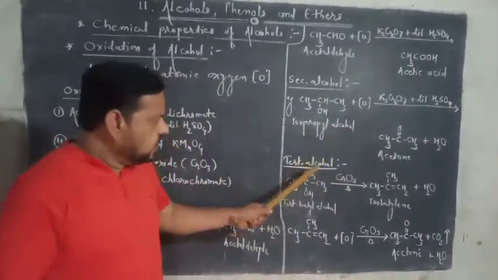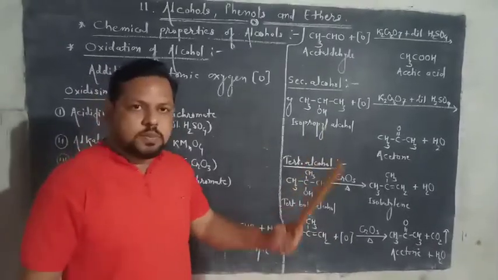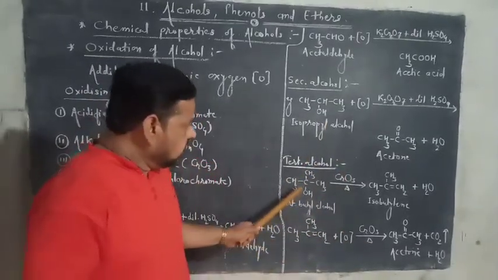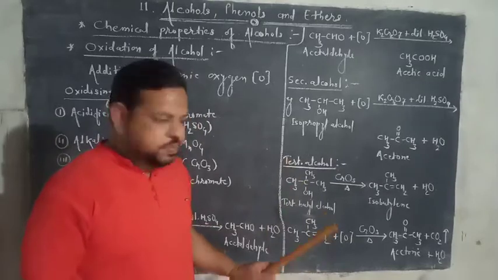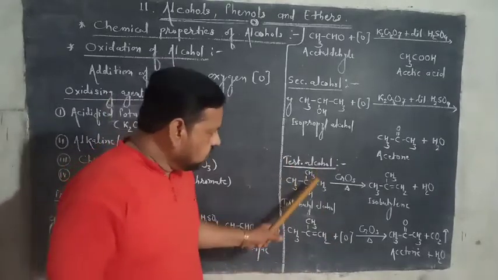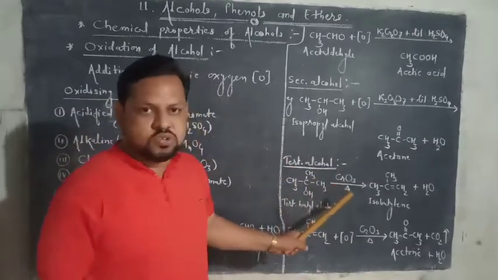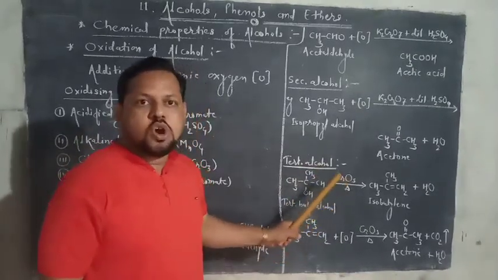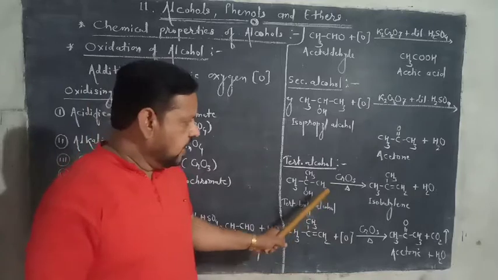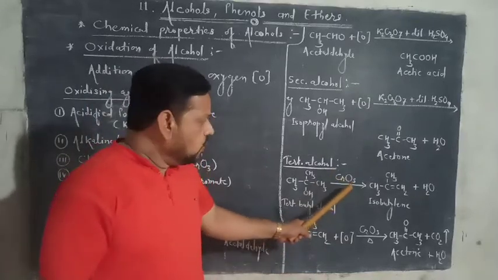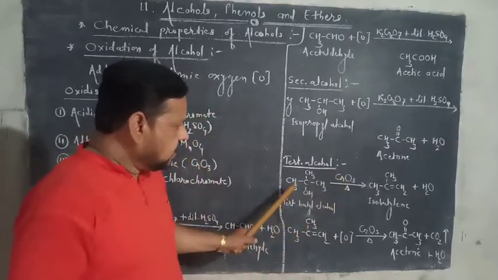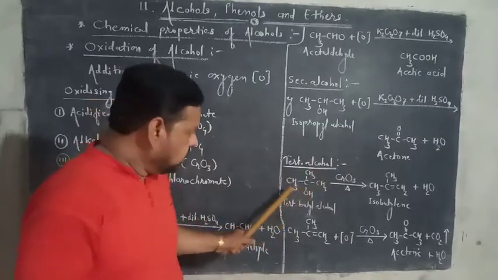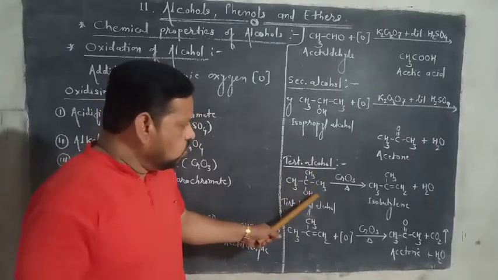Then tertiary alcohol. In case of tertiary alcohol, there is no alpha hydrogen atom. Hence, tertiary alcohol is not easily oxidized. For the oxidation of tertiary alcohol, a strong oxidizing agent is required, like chromium oxide. See here the example of tertiary alcohol, tertiary butyl alcohol.